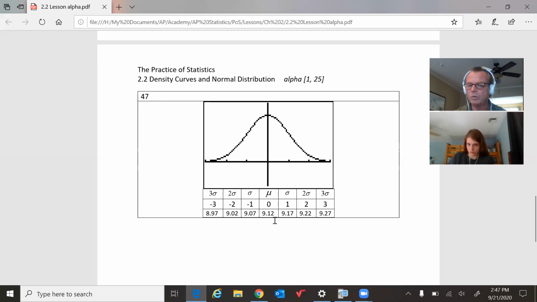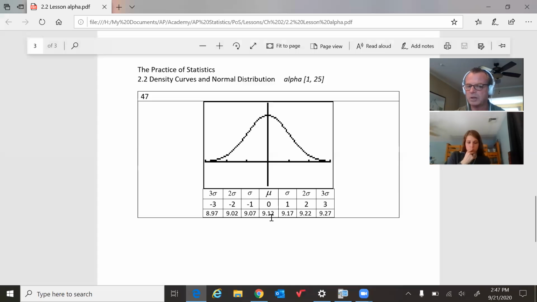So they're telling you the mean of these potato chips is 9.12. So that's under 0 standard deviations. That's what the mean is. If you buy a bag of these potato chips, it's going to say 9 ounces on it. But the expected value in the bag would be 9.12.